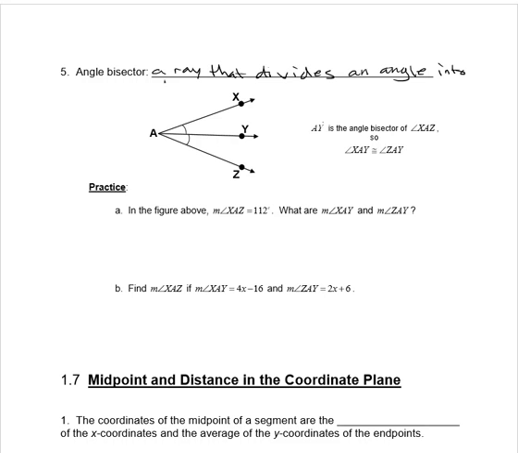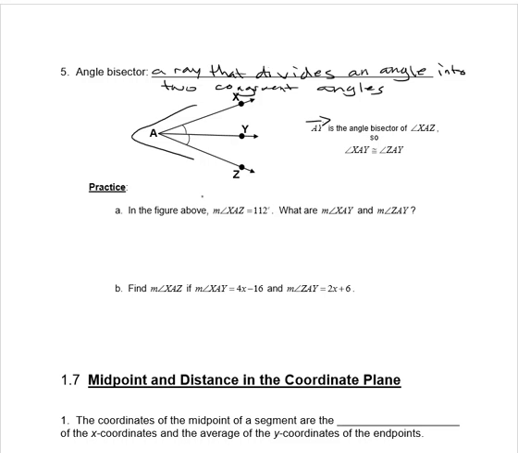Okay, so a ray that divides an angle into two congruent angles. So ray AY here, I'll put a little ray there. But ray AY is the angle bisector of angle XAZ. So that means that angle XAY and angle ZAY are congruent.